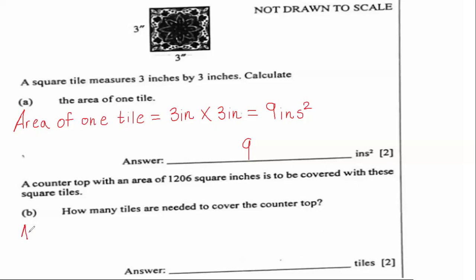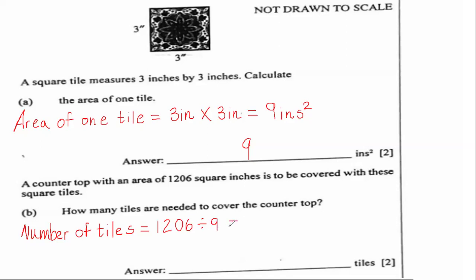So the number of tiles is going to be equal to what? 1,206 divided by 9, right?